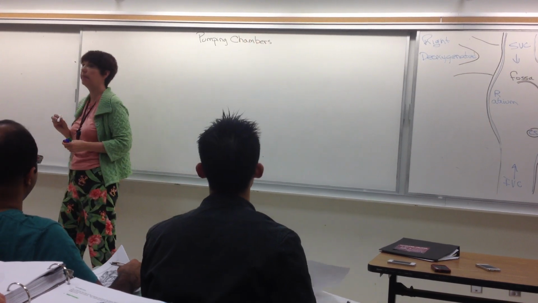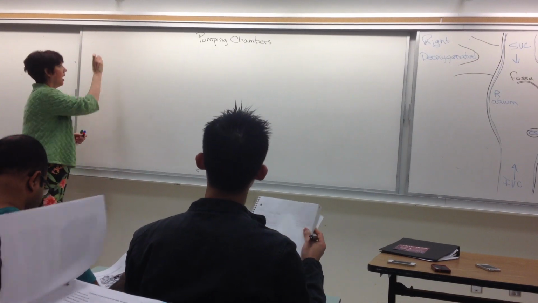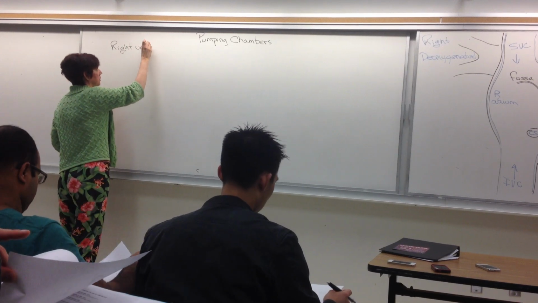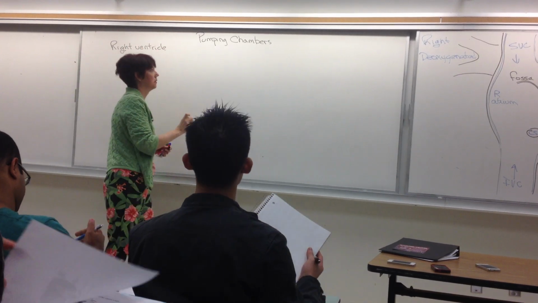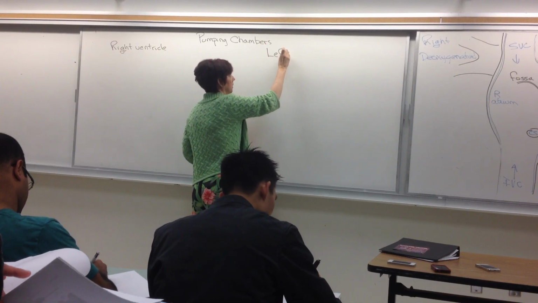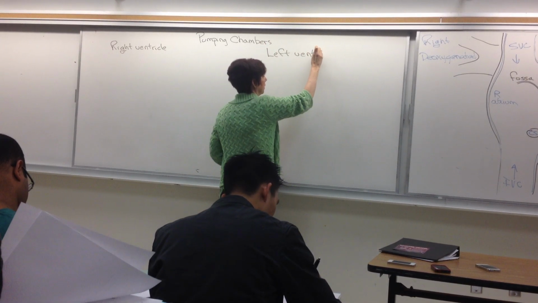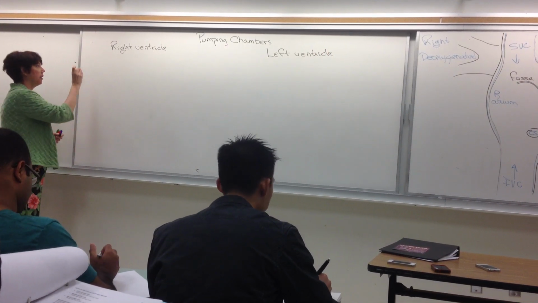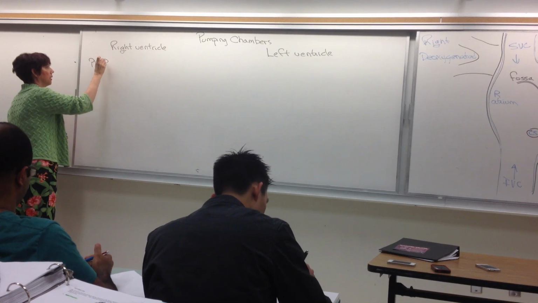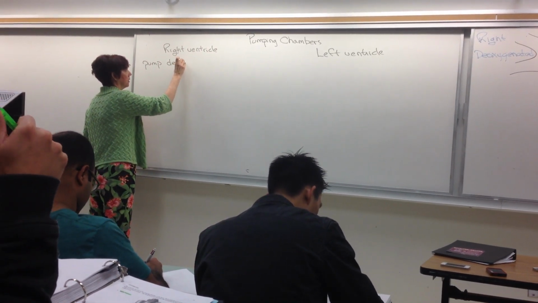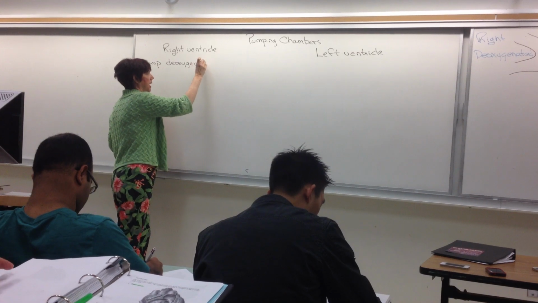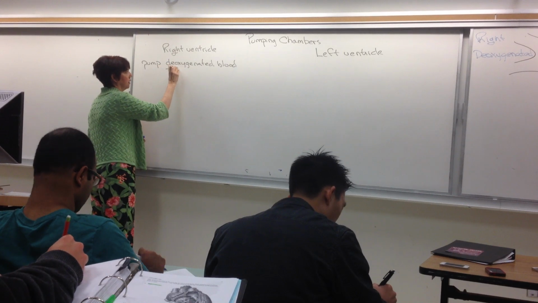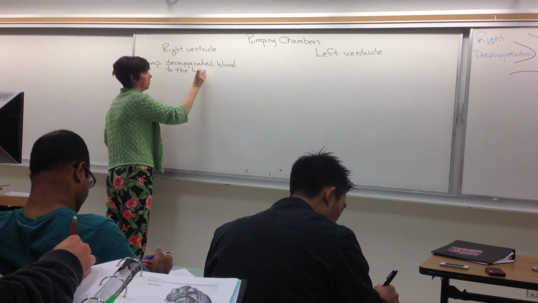Now we have pumping chambers. We have the right ventricle. And the left ventricle. The right ventricle is going to pump deoxygenated blood to the lungs.